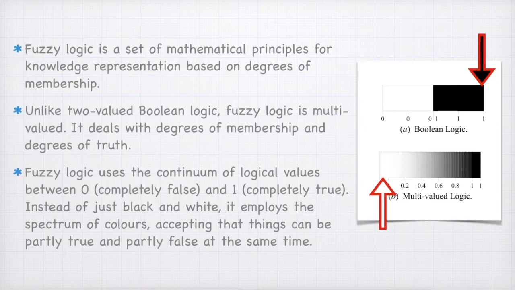It uses the continuum of logical values between 0 and 1, where 0 is completely false and 1 is completely true. Instead of just two values, black and white, it employs the spectrum of colors, accepting that things can be partly true and partly false at the same time. This represents the gray area where some vague values lie in our daily problems.